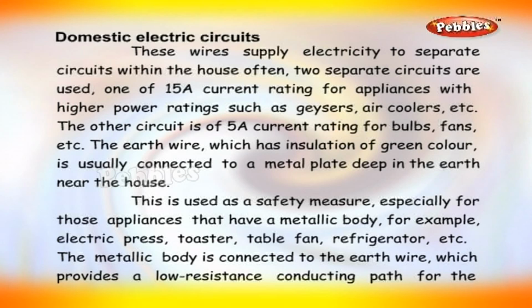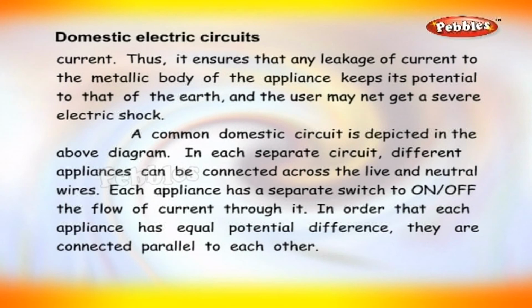This is used as a safety measure, especially for those appliances that have a metallic body, for example, electric press, toaster, table fan, refrigerator, etc. The metallic body is connected to the earth wire, which provides a low resistance conducting path for the current. Thus, it ensures that any leakage of current to the metallic body of the appliance keeps its potential to that of the earth, and the user may not get a severe electric shock.